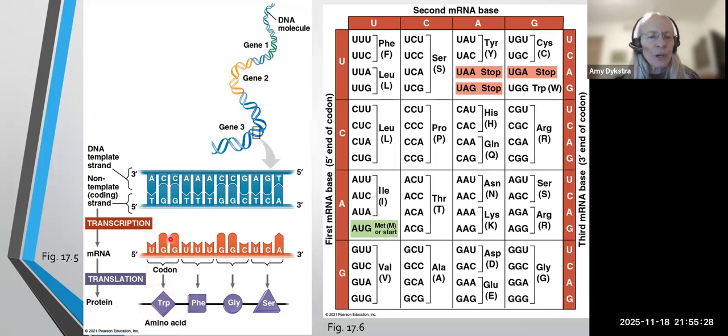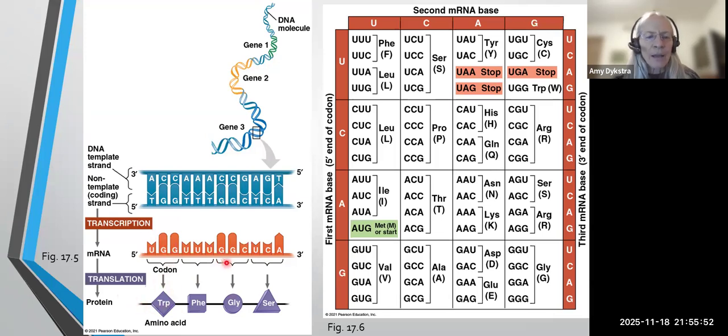So this first codon, UGG, codes for tryptophan, and we can find tryptophan up here, and that's the only sequence of 3 nucleotides that codes for tryptophan. So if we had a mutation in this codon, then it would cause a change to the amino acid.